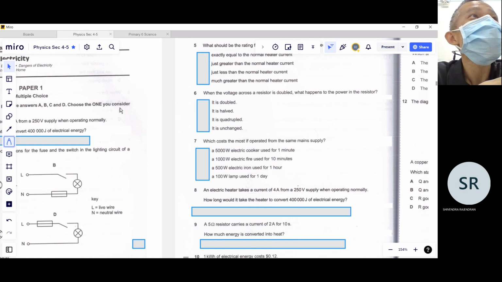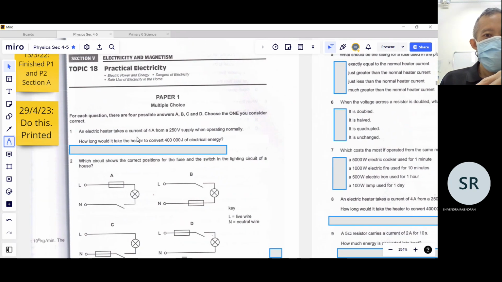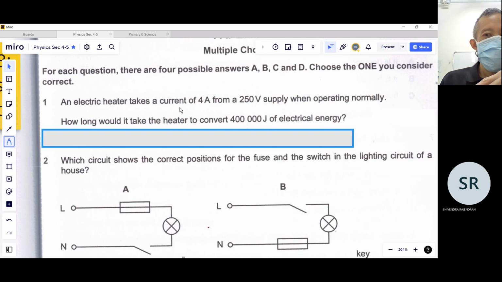Yeah, you want formula? Any particular question you want? Power formula? She hasn't mentioned yet.